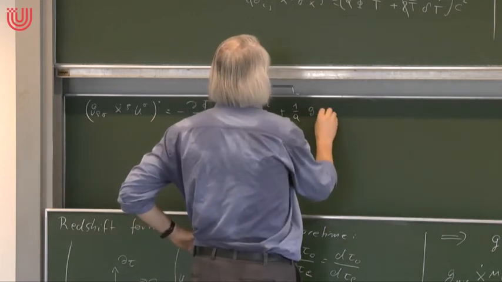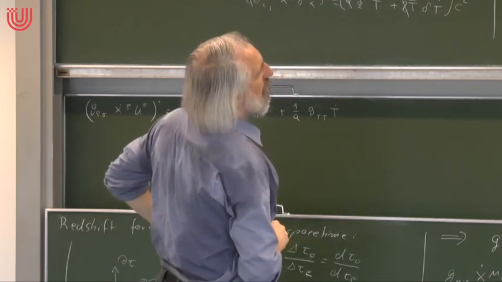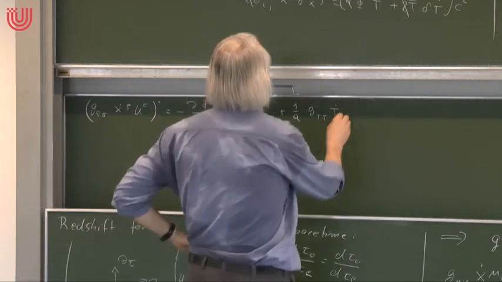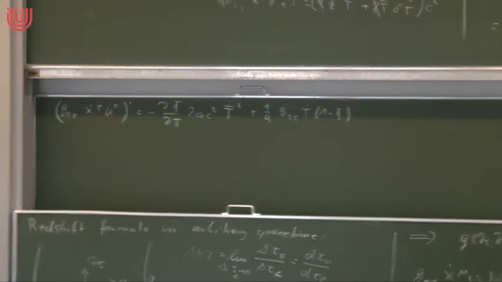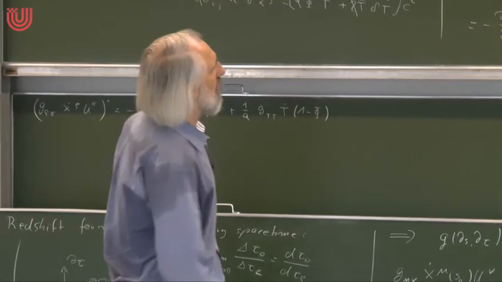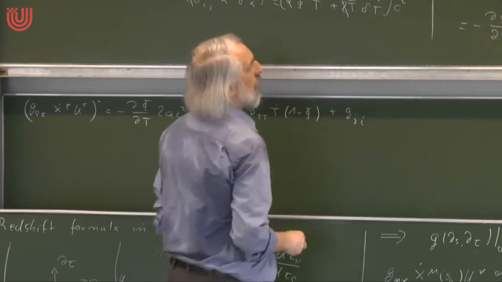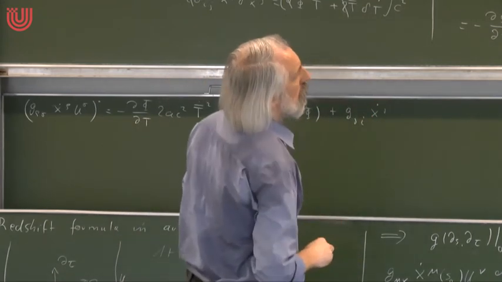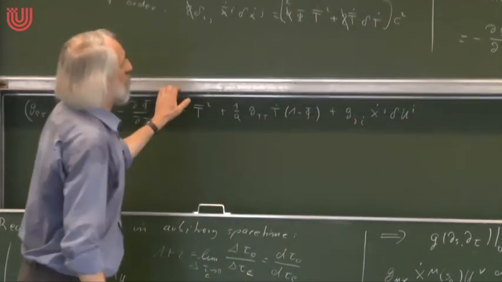This means g_tt t dot, 1 minus phi, right? So these two terms here. And then the last term, they have a delta^sigma_i. So I get Latin indices here: x^j dot delta u^i.